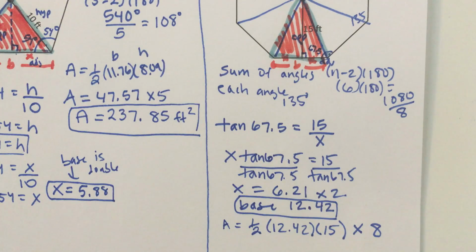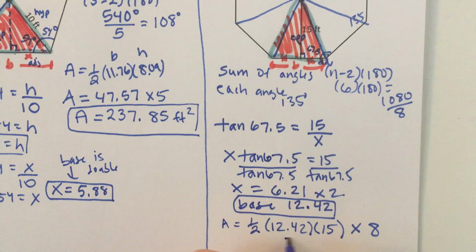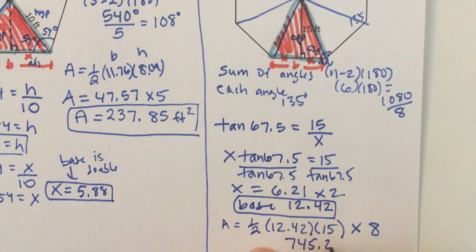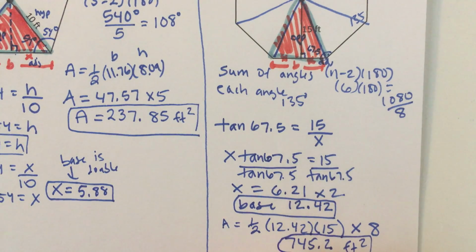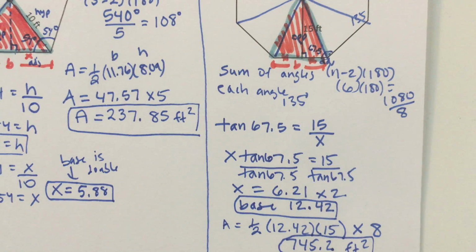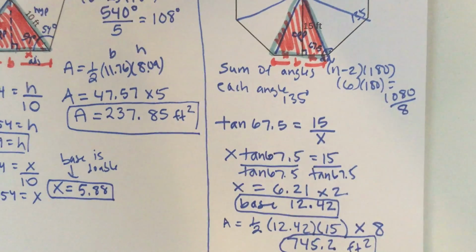Times 15 times 8, and you get 745.2 feet squared.